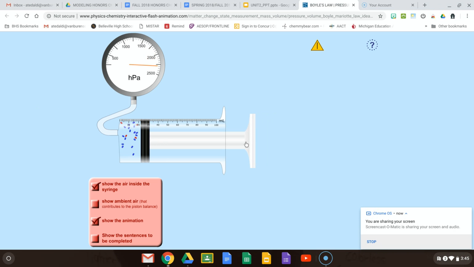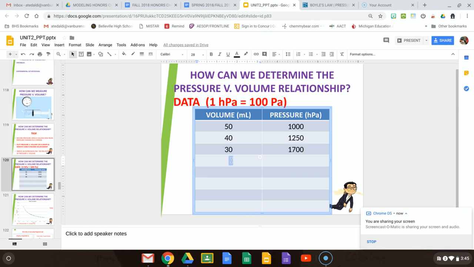And then let's push it all the way down to 20 milliliters, and it looks like my pressure gauge is 2,500 hectopascals, and it looks like it won't go any further. I wonder if we could predict or figure out mathematically what the pressure would be at 10 milliliters.